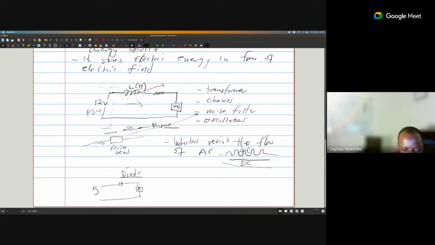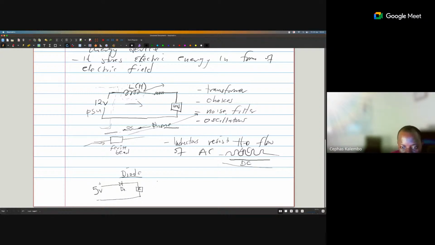Now we have this diode here. Let's call this diode D1. This is 5 volts, positive, negative. Now this diode has characteristics. One of them is the material from which it is made.